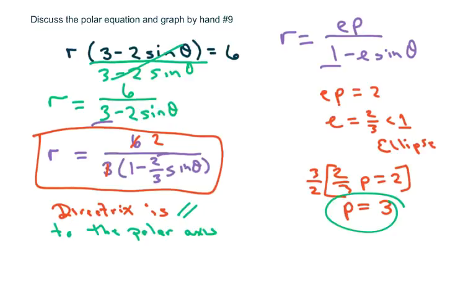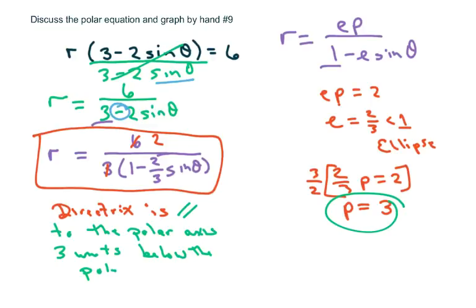And our P is 3, and it's going to be 3 units below the pole. It's below because it's sine. Sine is your y. And it's below because it's negative.